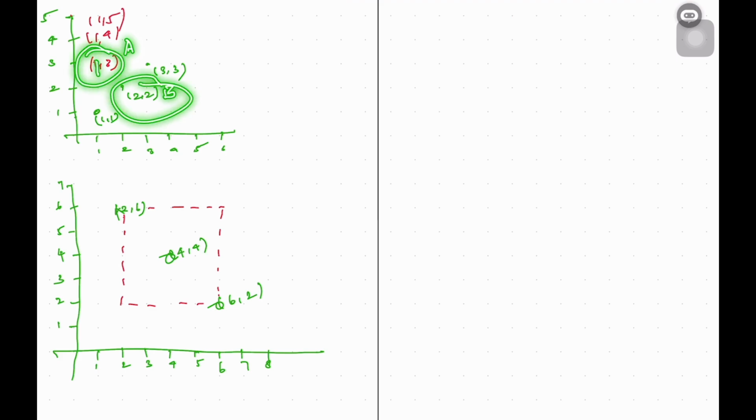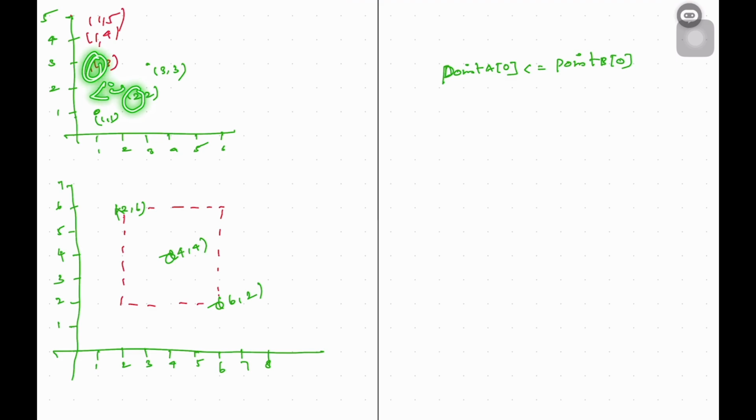How can you check? This point A should be on the upper left of point B. What we will be writing here is that point A of 0 should be less than or equal to point B of 0. This is the point B and this is the point A. And what else?